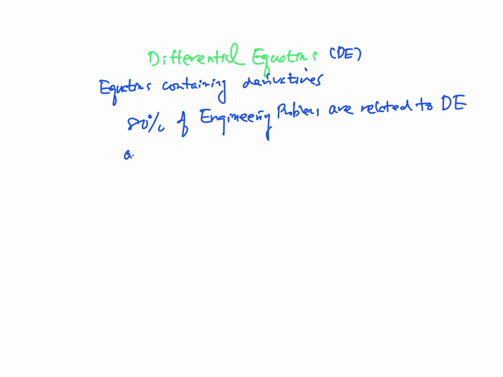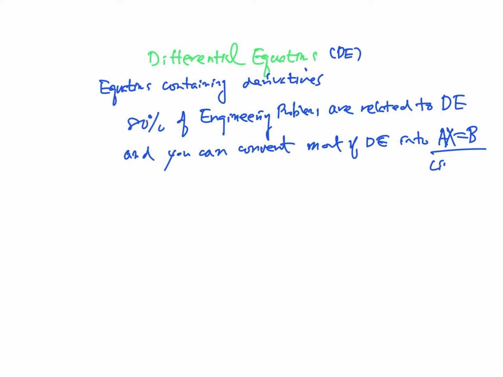and you can convert most of them into AX equals B linear algebra problems. So if you're an engineer, then you need to know what the differential equations are and how to solve those equations.